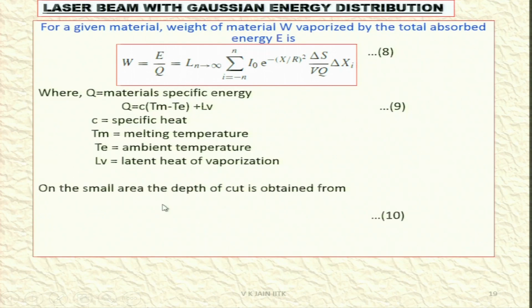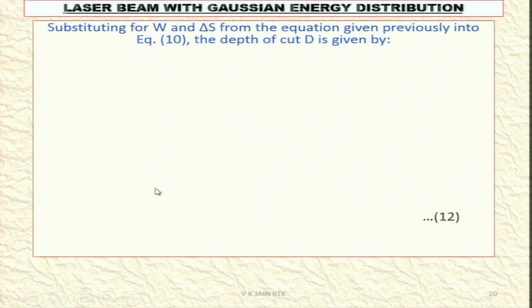On the small area, the depth of cut is obtained from D is equal to W over delta S rho, where delta S is the small area and W is the total heat available. Laser beam with Gaussian energy distribution continues.